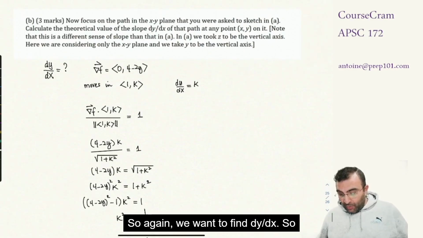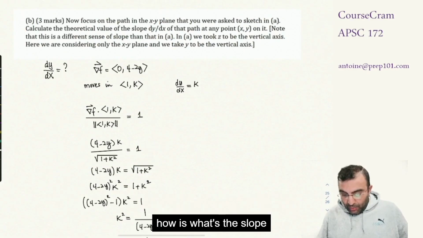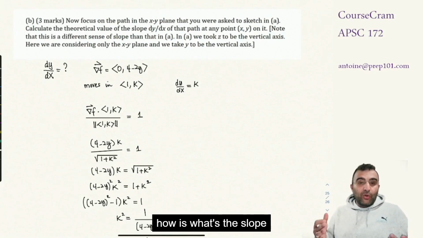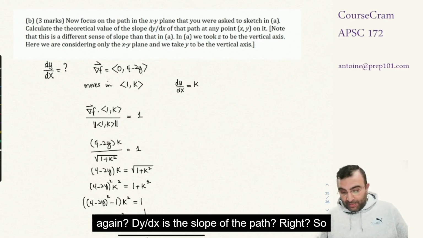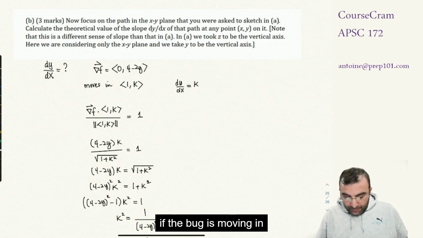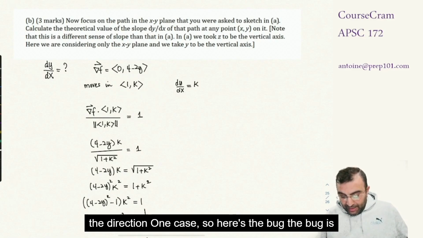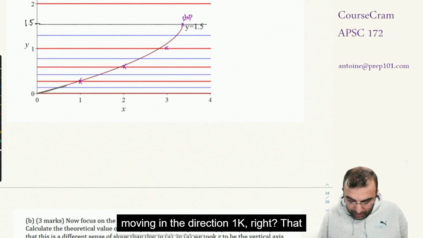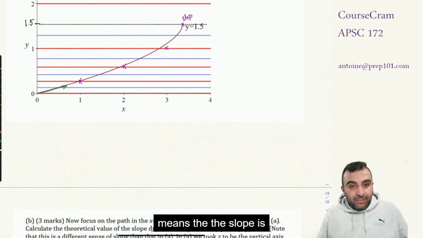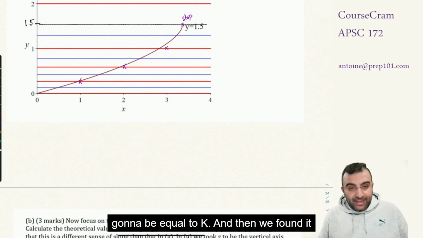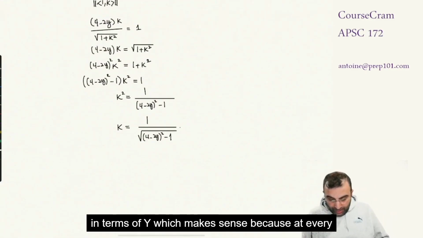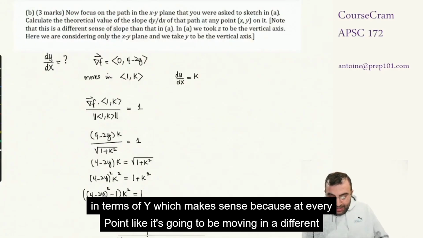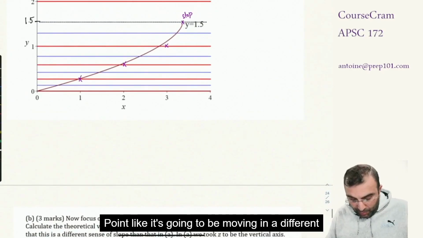So again, we want to find dy/dx. So what's the slope? Again, dy/dx is the slope of the path, right? So if the bug is moving in the direction ⟨1, k⟩, that means the slope is going to be equal to k, and then we found it in terms of y, which makes sense because at every point it's going to be moving in a different direction.